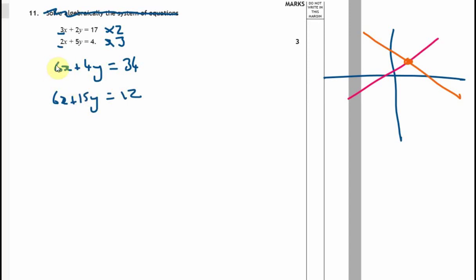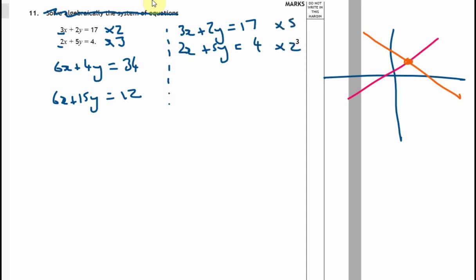I also could have done, instead of looking at the x term, I could look at the y term. I've got 3x plus 2y is equal to 17, and 2x plus 5y is equal to 4. So I could times this one by 5 and times this one by 2.